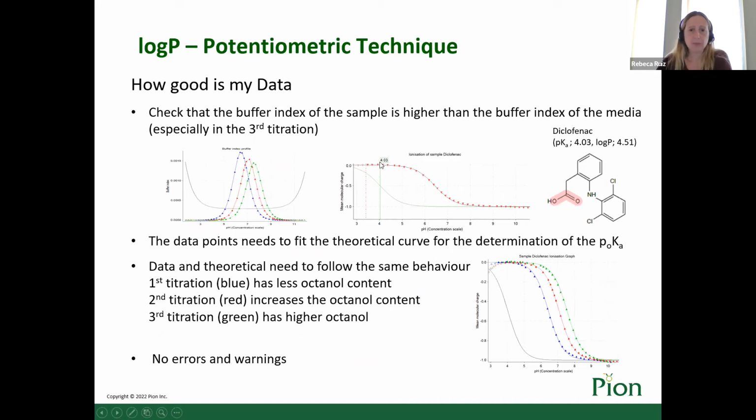Again, the experimental points need to fit the theoretical curve, and moreover, the experimental data points have to behave in the same way as the theoretical lines, as is shown in this graph here. No errors or warnings should appear when processing the data.